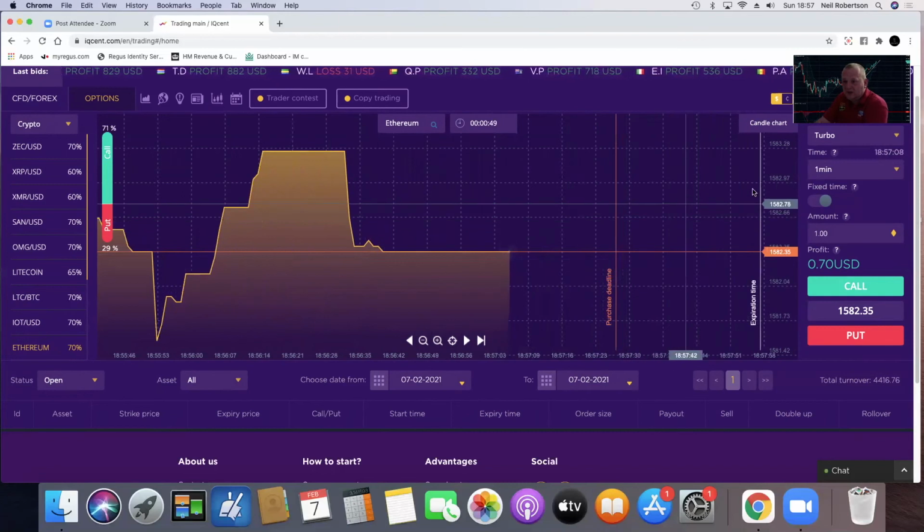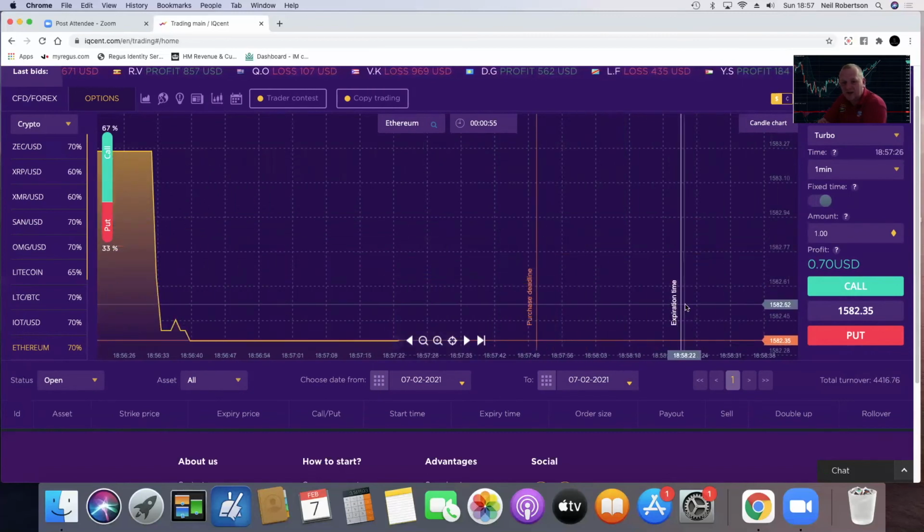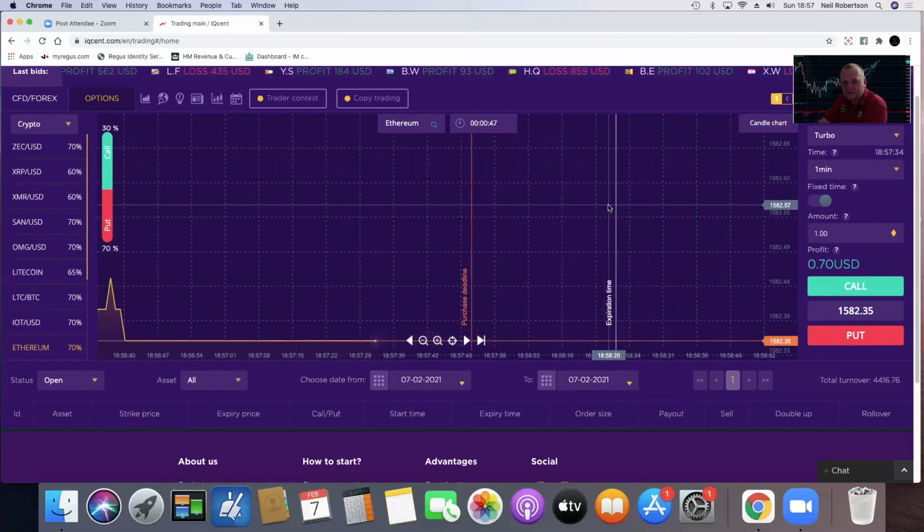And basically that's it. Oh, we've got the fixed time here as well. If you want it to be an exact fixed time of 1 minute, you would click that on. So every time you jump into the trade, it will be exactly 1 minute. If you have that off, it'll be whenever the expiration time is. So it'll be within that 1 minute, and wherever it's at is where it's going to finish.